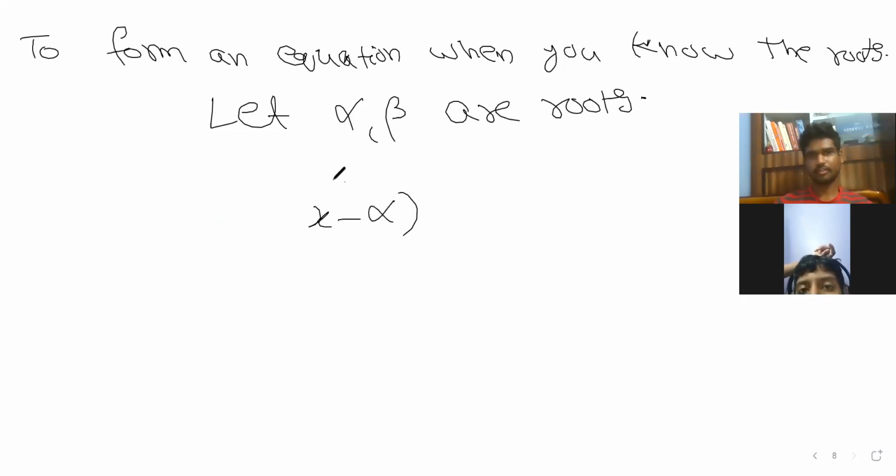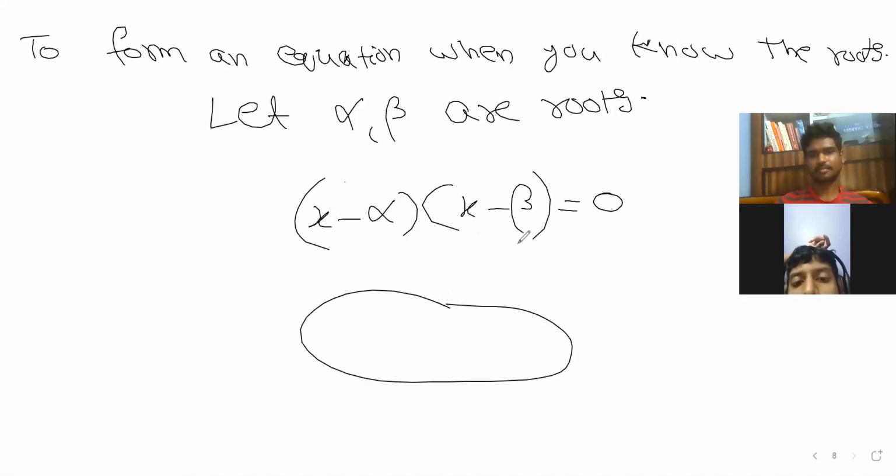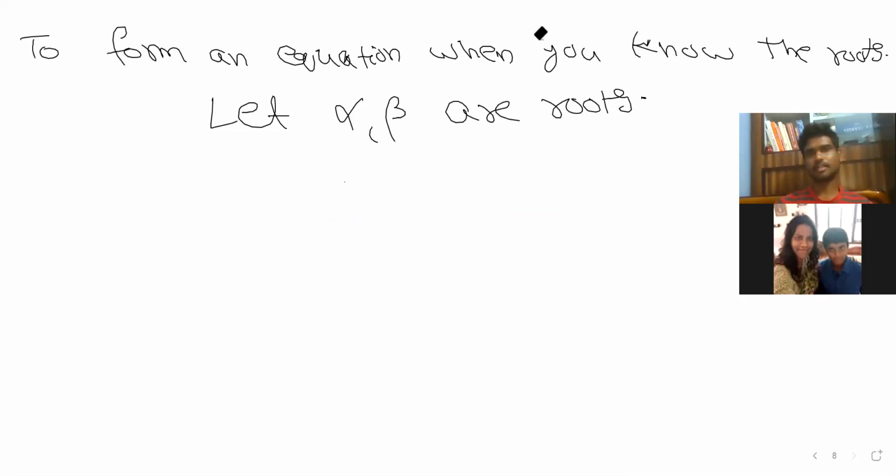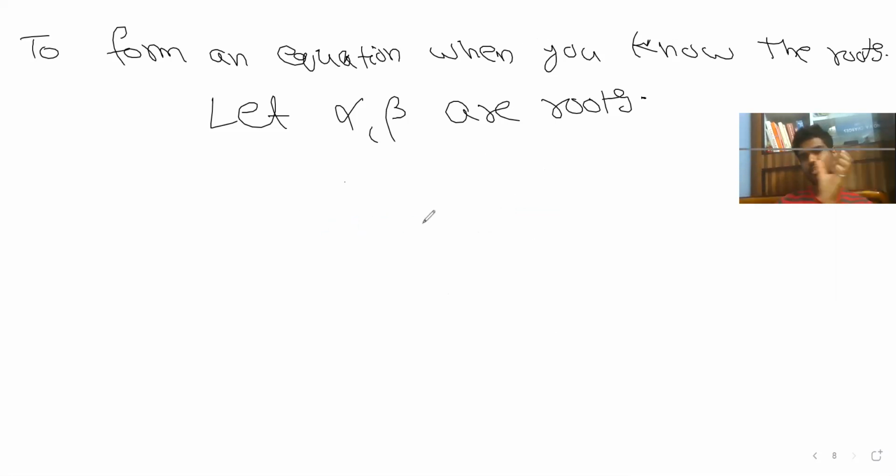So x minus alpha into x minus beta, we will multiply and you will get one equation, right? No need of equal to 0 also. This is an expression; if you put equal to 0, then it becomes an equation. Now if you multiply this, at the end you will get one equation, right? Directly you can write the equation.